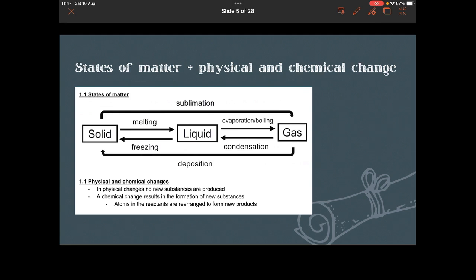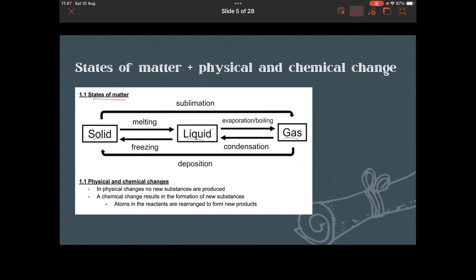So the fundamental basics of chemistry is the states of matter. I'm sure you are familiar with this from your prior knowledge or from IGCSE or MYP chemistry. But there are three states of matter, which is solid, liquid, and gas. And we can interconvert between the two in many cases.